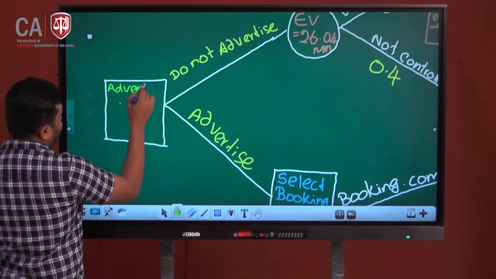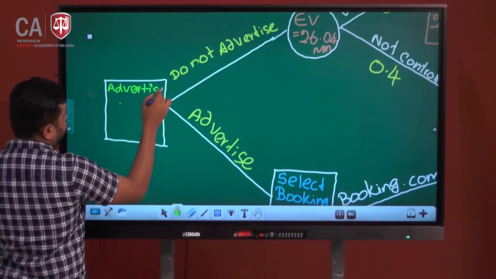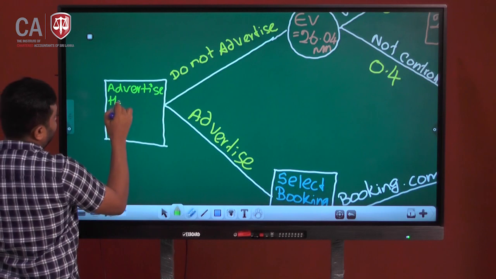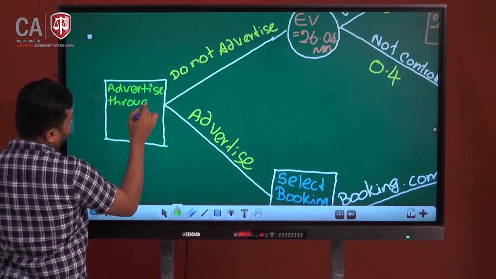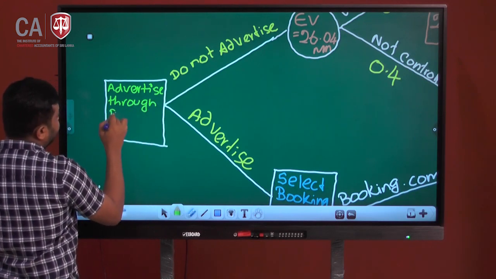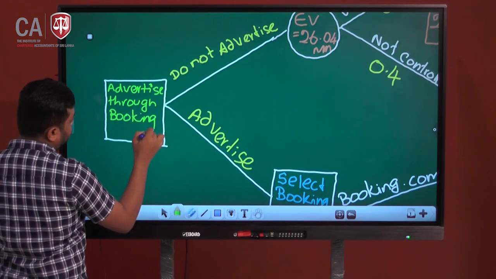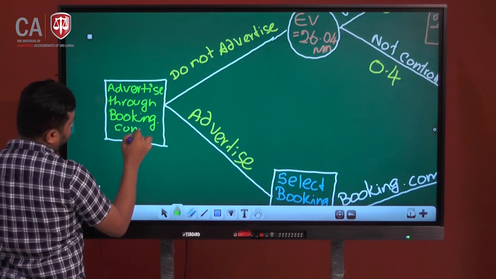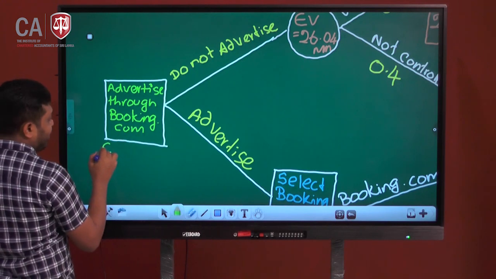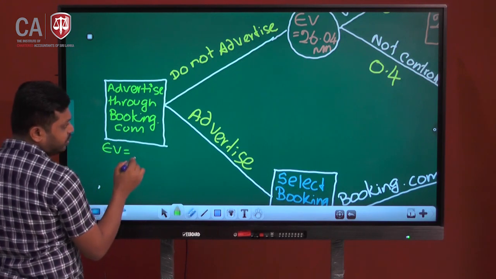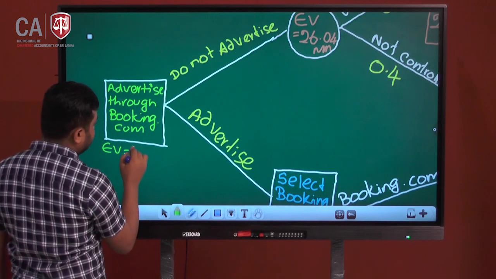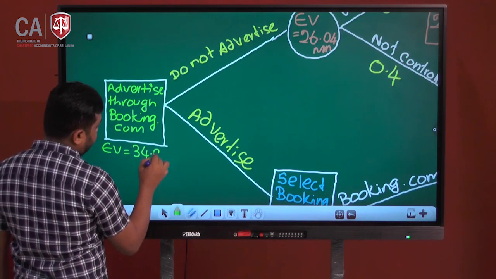Final decision: advertise through booking.com. The expected value of your decision is 34.98 million.